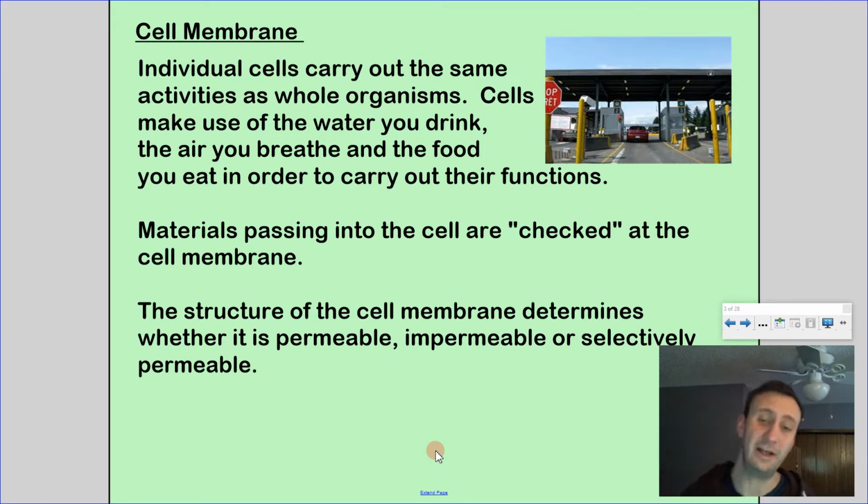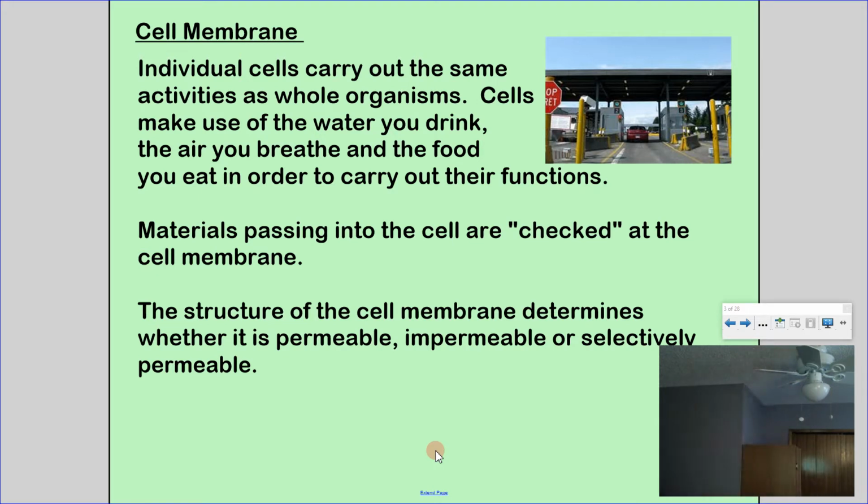Materials passing into the cell are "checked," and that's in quotation marks because it's not actually an active process, but different properties of that material will determine if it gets through or not. So essentially the cell membrane controls, not actively, what gets in and what gets out of the cell. And this all happens because of the structure of the cell membrane, the makeup of the cell membrane.